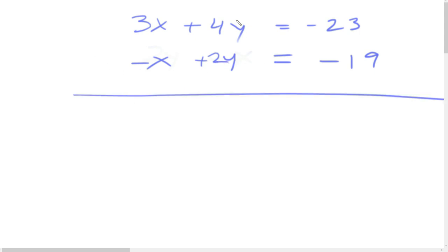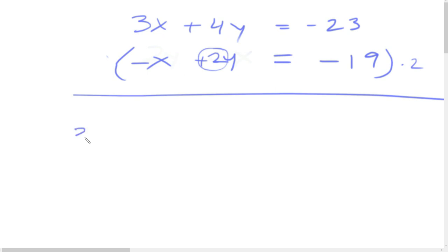Now I must multiply this bottom equation by 2, the whole equation, so that this 2 becomes 4. So then I get 4y and 4y. Then I can subtract the bottom equation from the top, and the 4 and the 4 will go away. So I'll multiply the entire bottom equation by 2.